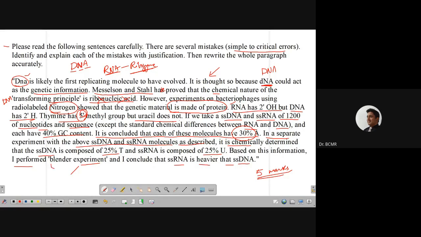You cannot do a blender experiment for it. The blender experiment was done by Hershey and Chase to determine the genetic material of bacteriophages. If I want to see which one is heavier, ssRNA or ssDNA, I might want to go with density gradient centrifugation, so that I will know which one is heavier and which one is not.